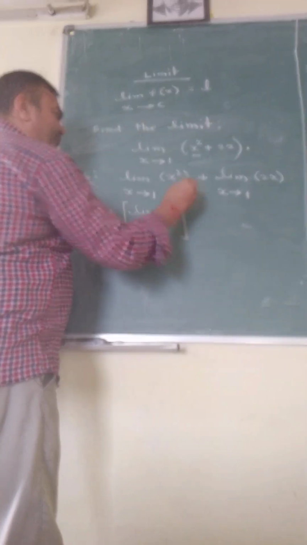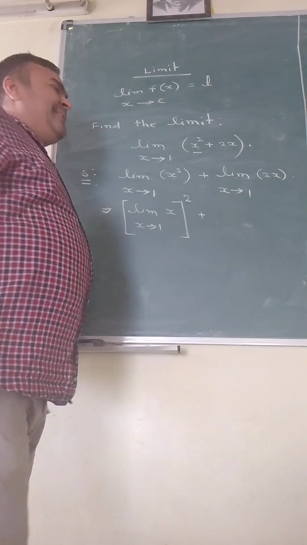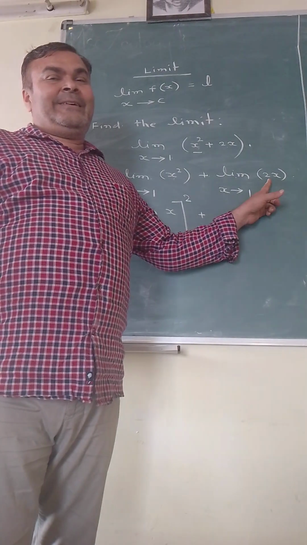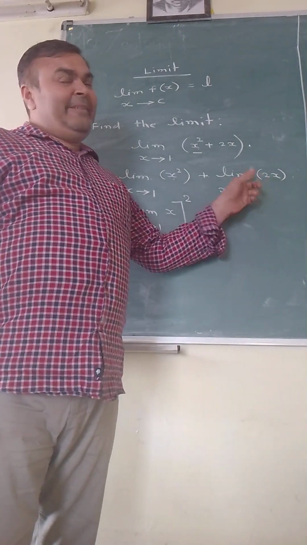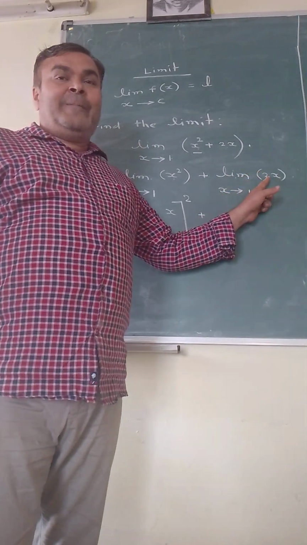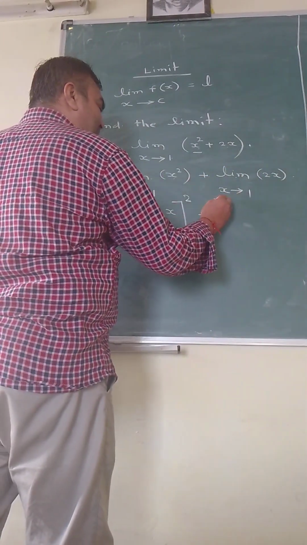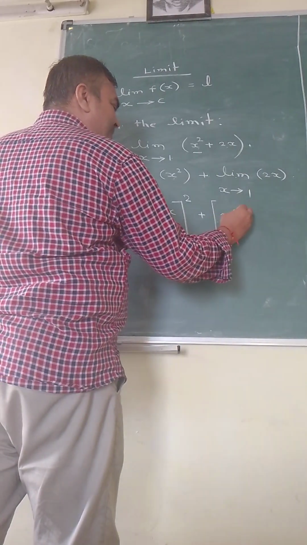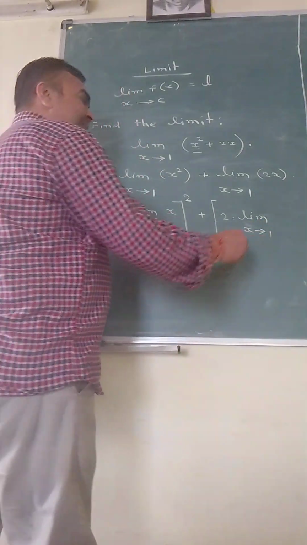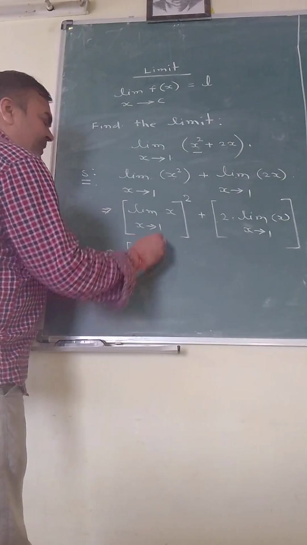is 1 whole squared by the power rule, and can you guess the other rule? Yes, there are 2 rules. First is the general rule applying the limit, but this 2 is a constant coefficient. Therefore, by applying the constant coefficient rule, we have 2 times the limit as x approaches 1 of x. We know that we have a direct value.